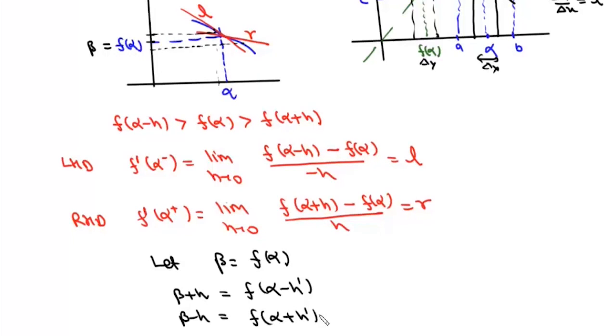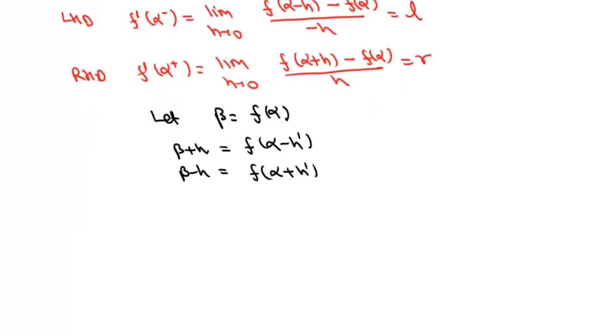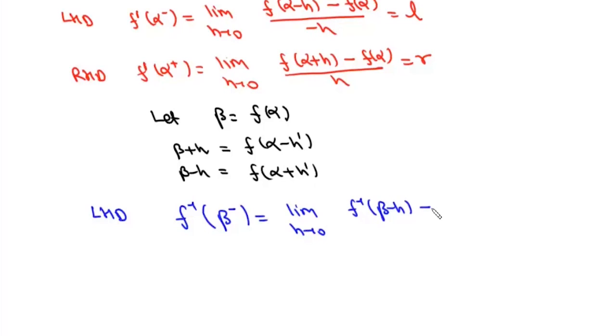Now we'll start writing derivatives of its inverse function. So the left-hand derivative of f inverse at beta, which is f(alpha), will be this, and we'll write this as limit h tends to 0, f inverse(beta minus h) minus f inverse(beta) upon minus h.